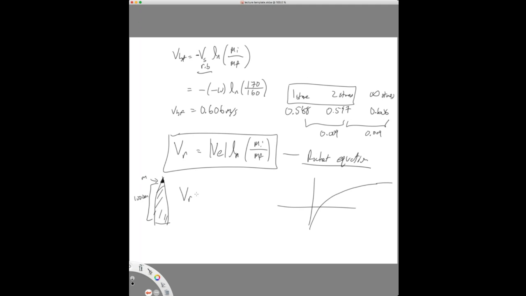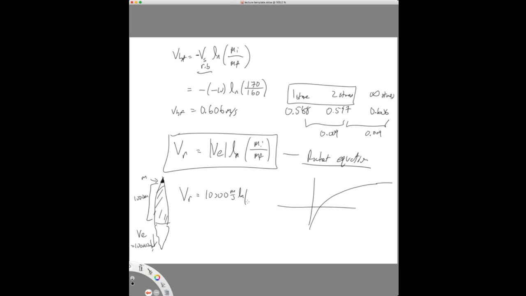So how fast could you go? Suppose the speed of the exhaust, that's always measured relative to the rocket, is 10,000 meters per second. That's really fast.